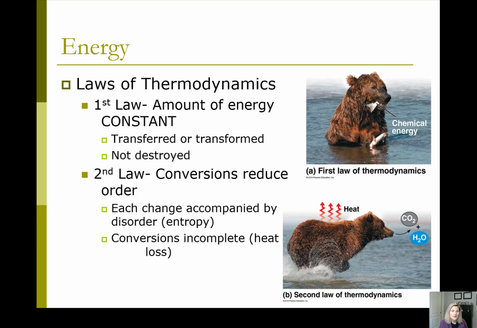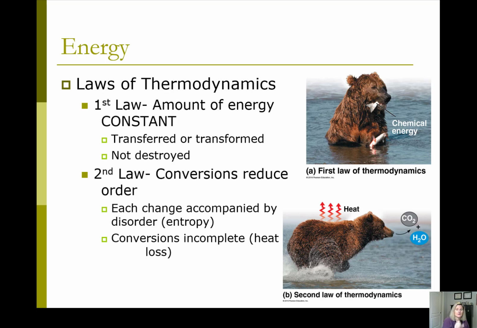The second law of thermodynamics states that the conversion of energy from one form to another is not going to be 100% efficient. So that means there's always going to be an incomplete conversion.